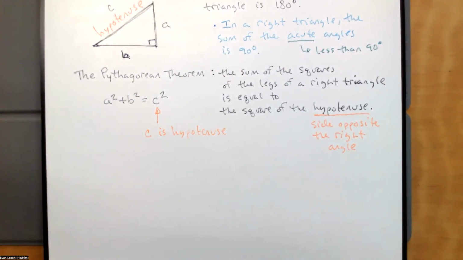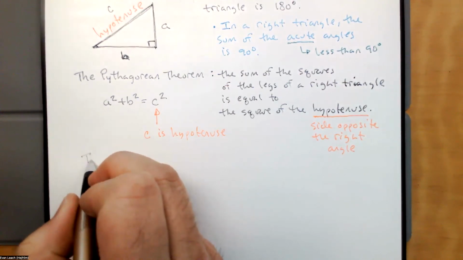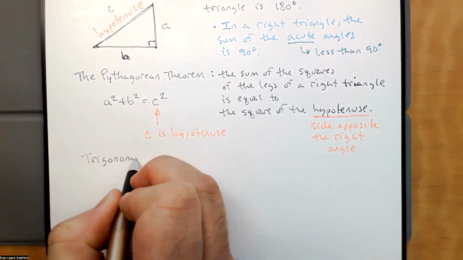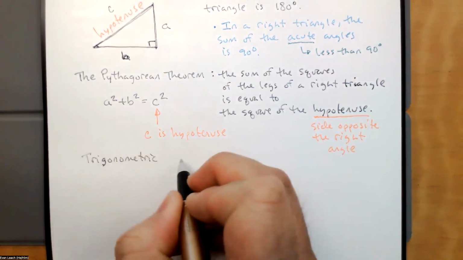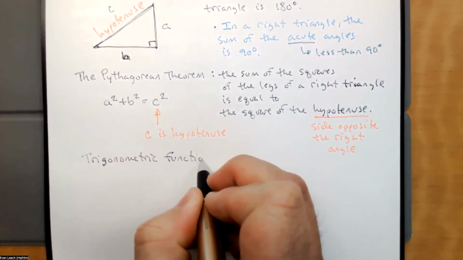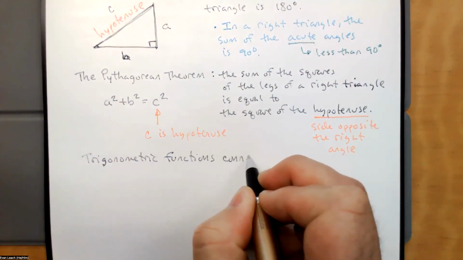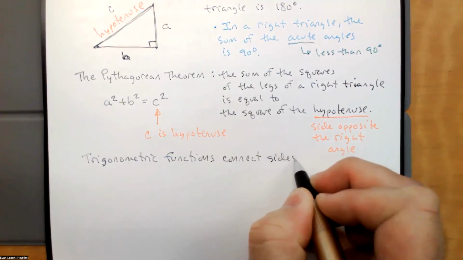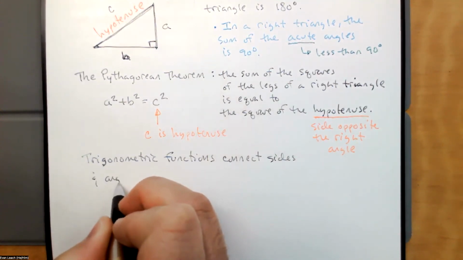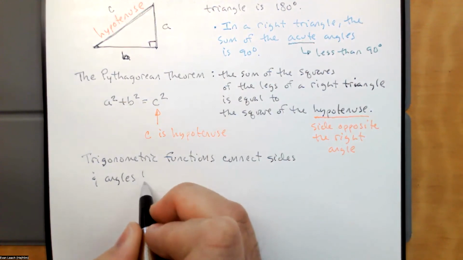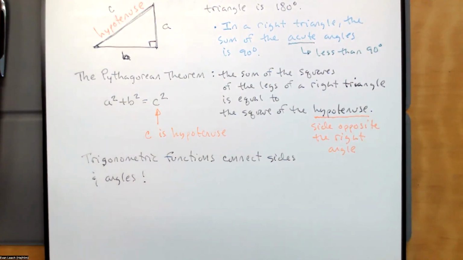Trigonometric functions connect the sides and the angles.